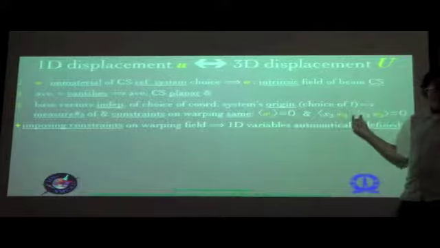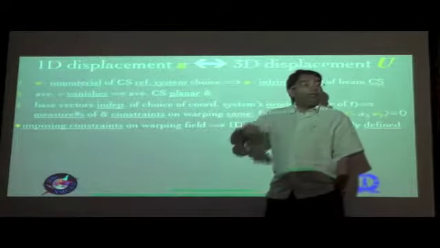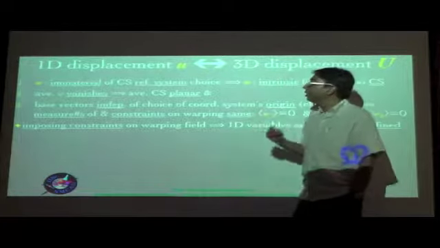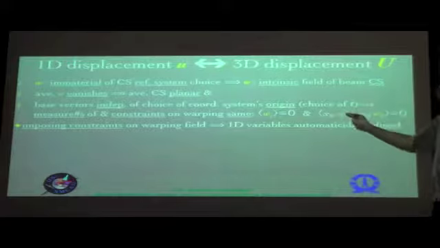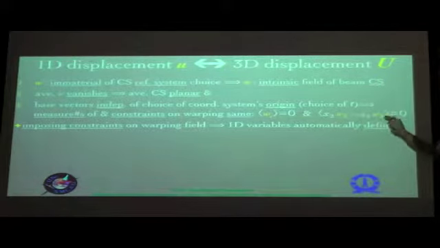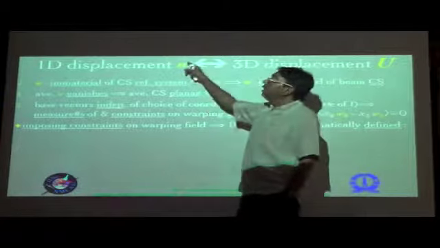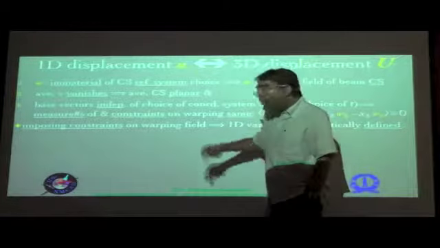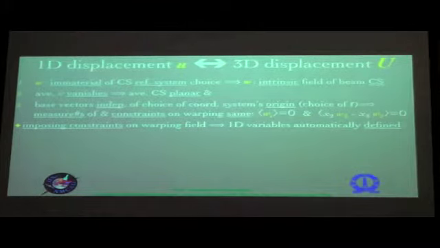The constraints are on the warping, but the 1D displacement field gets defined, what is its nature because of that, okay? And small variations like using, for example, w2 comma 3 minus w3 comma 2 within angular brackets equal to 0 instead of this will give us very slight change in meaning to some of these u's that are basically involved, or the thetas that are involved. So that has to be kept in mind.